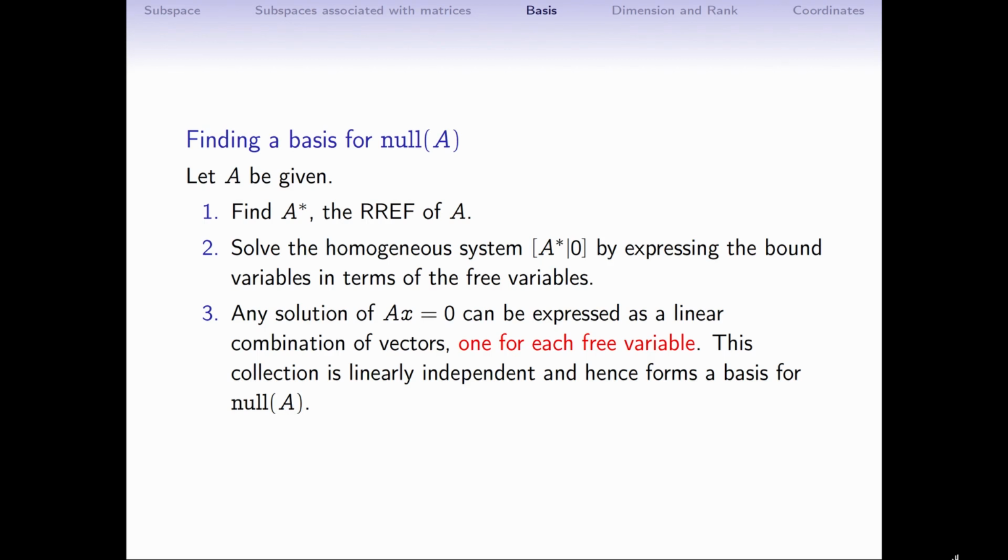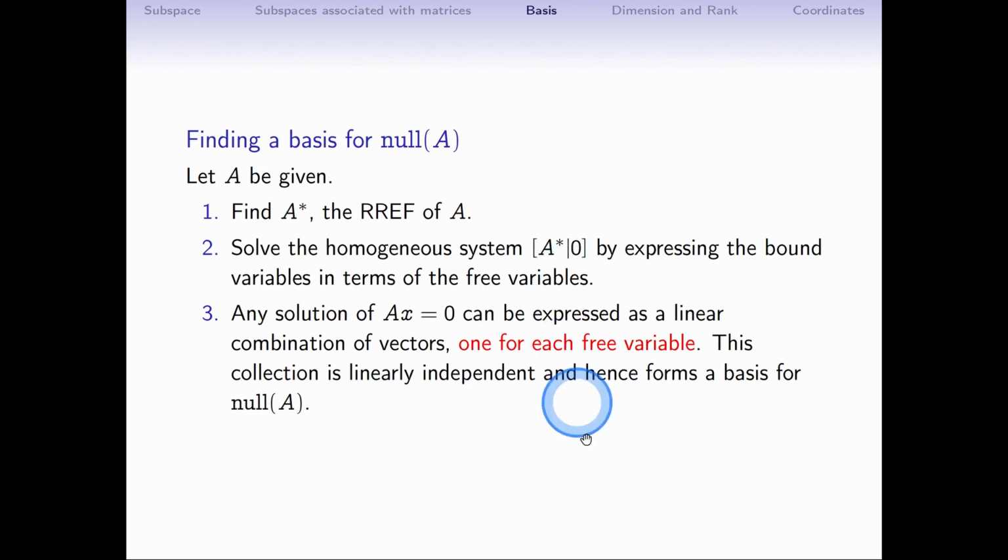Now let's summarize the findings in our previous problem. So let's think of the general problem of finding a basis for the null space of a matrix. So let a matrix A be given. In our first step, we find A star, the reduced row echelon form of A. In the second step, we solve the homogeneous system where we take A star and augment it with a column of zeros, and we express the bound variables in terms of the free variables.